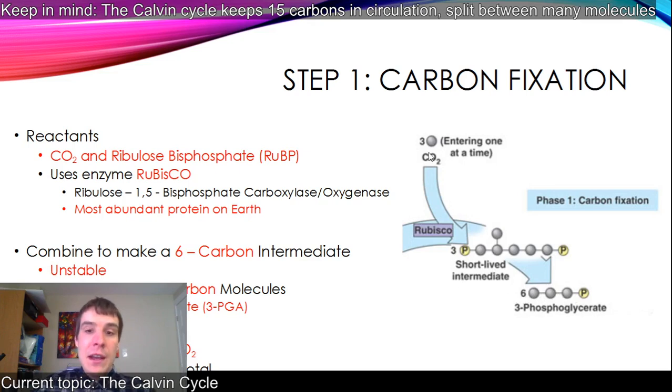This joining is done by an enzyme called Rubisco, which is ribulose 1,5-bisphosphate carboxylase oxygenase, and it will carboxylate it, which means adding the carbon dioxide, but sometimes it does the wrong thing and oxygenates it instead.